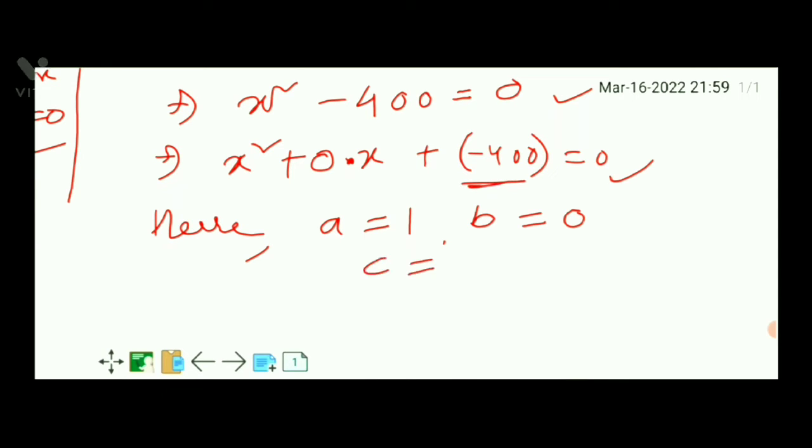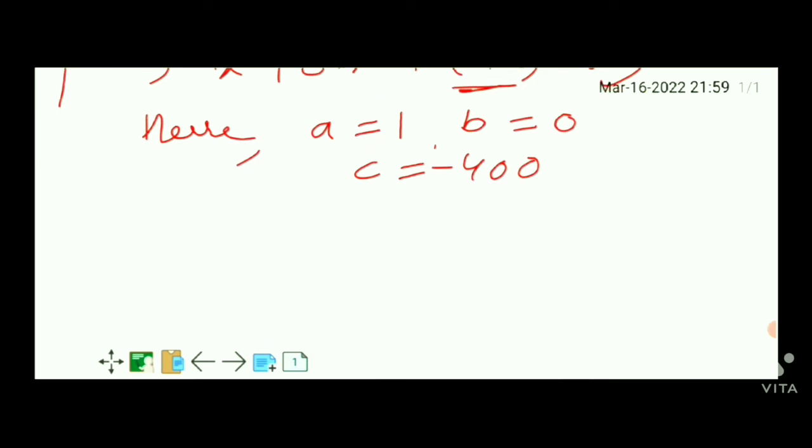So c is equal to minus 400. Now we need to find b square minus 4ac. So b square minus 4ac is equal to what? b square, b is 0, 0 square minus 4, a is 1, c is minus 400.